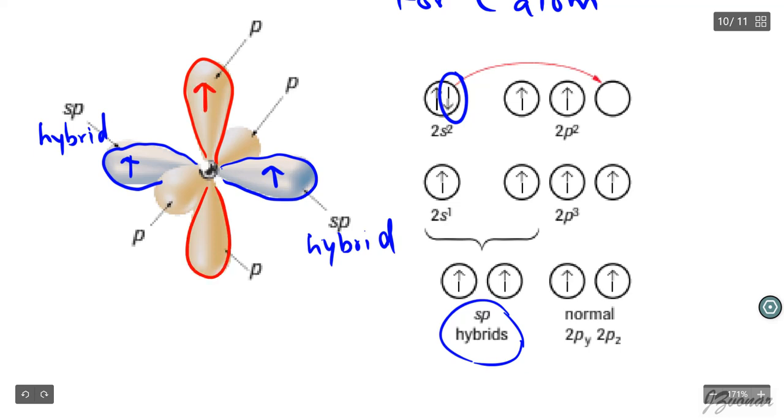That's my normal p. And there's another one along the z plane that also contains an electron. Each of those normal p orbitals, we call them different things. They're called normal p orbitals or unhybridized p orbitals.